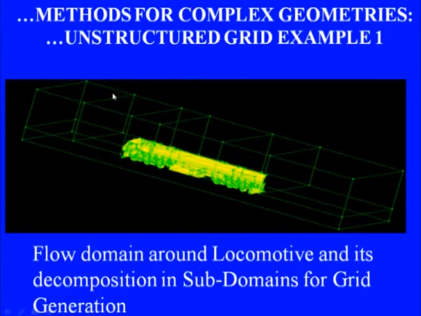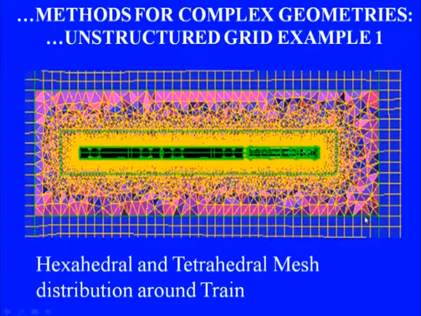You can clearly see that we have subdivided our computational domain into many different subdomains, and different types of meshes were generated over each of these subdomains, and then they were merged together. This is one possible way of decomposition. In fact, we should decompose it into even more subdomains for a better quality grid. And this is one snapshot of the grid which has been obtained.